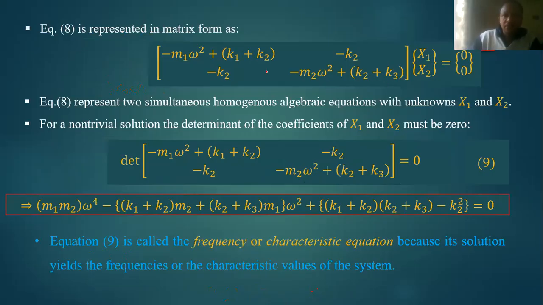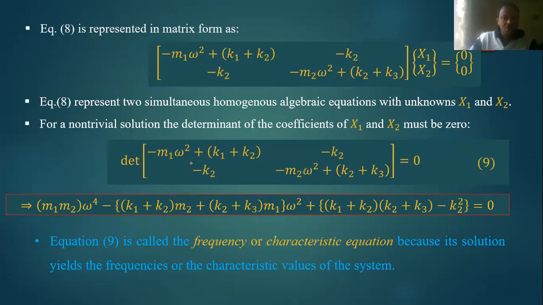From this we get this form of matrix. The term inside the square bracket is again taken for finding the frequency equation or characteristic equation, also called the eigenvalue equation. Here X1 and X2 are considered eigenvectors, and the term here provides our eigenvalues.